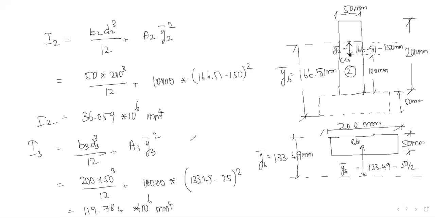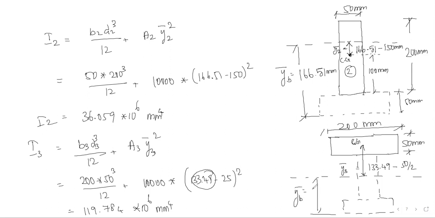Sorry, here I thought I had made one mistake. All things we have to take from the bottom. I thought I made one big mistake. So the total from here to here, y bottom, is 166.51 mm. No, this is also correct.